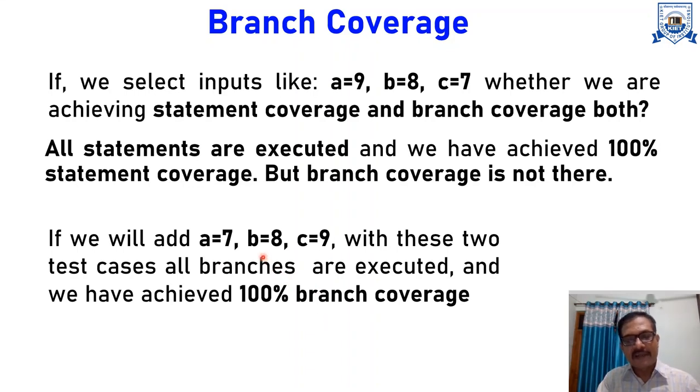And similarly b is greater than c, no, again the condition fails, I am moving toward the false side. So once I update my test cases and add this as a separate test case, then I can say I am able to achieve 100% branch coverage also, right?